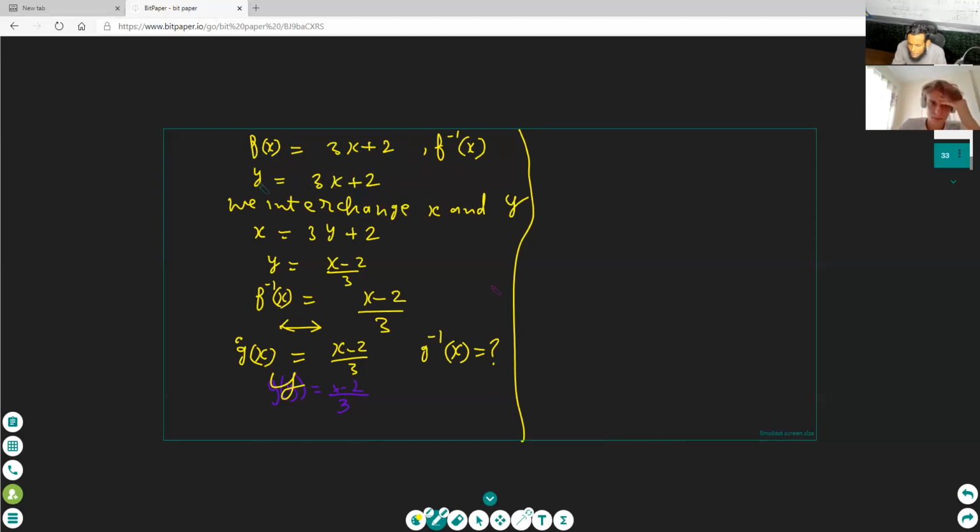Then y minus 2 over 3 is equal to x. Now interchange it. From this find the y, then y will be the g inverse of x.